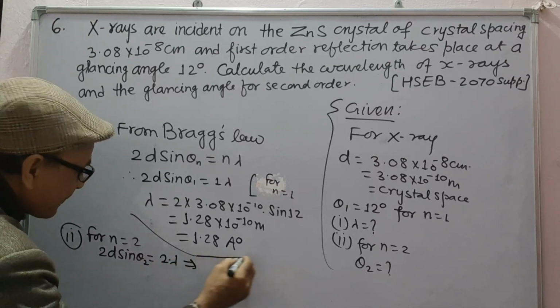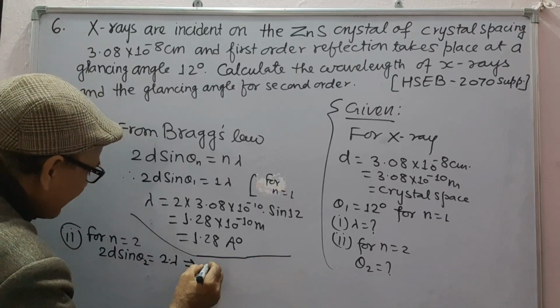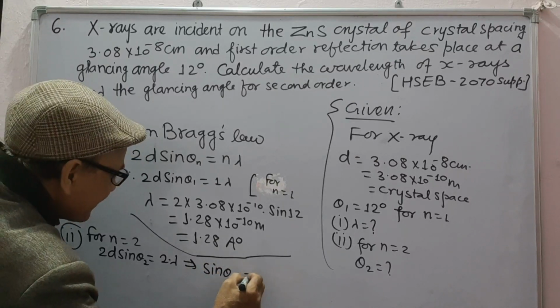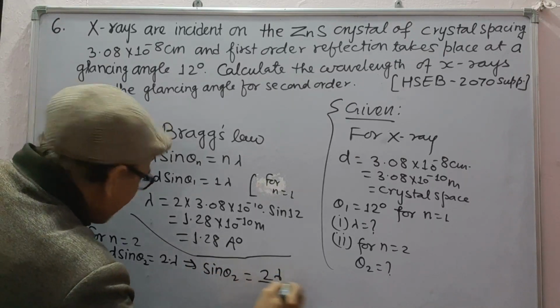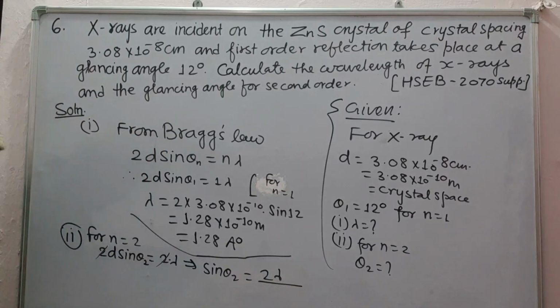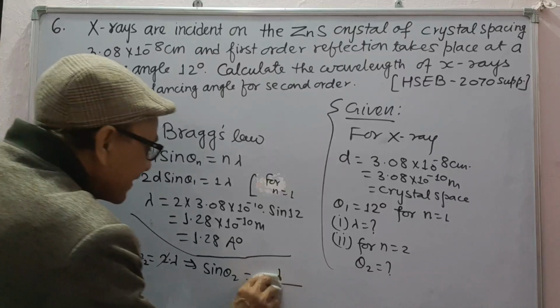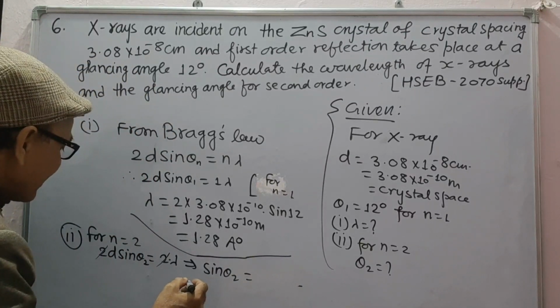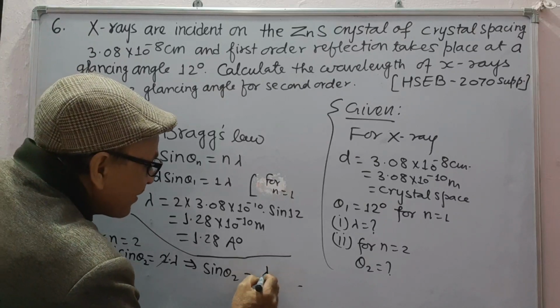This gives sin theta 2 as 2 lambda upon 2d, or this 2 can be cancelled out. So we get sin theta 2 is equal to lambda by d.